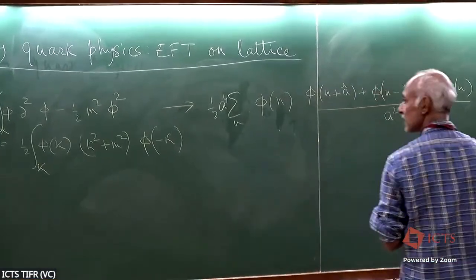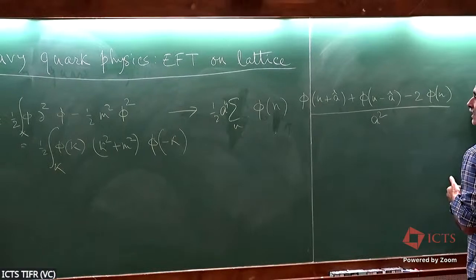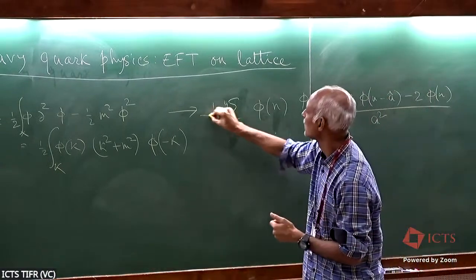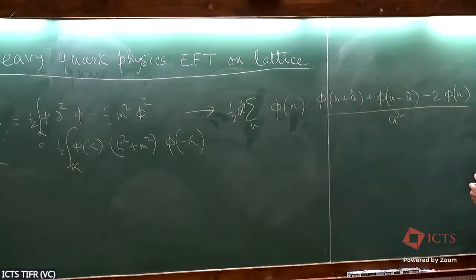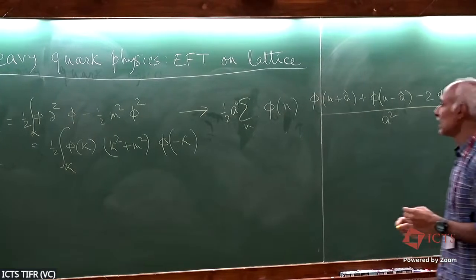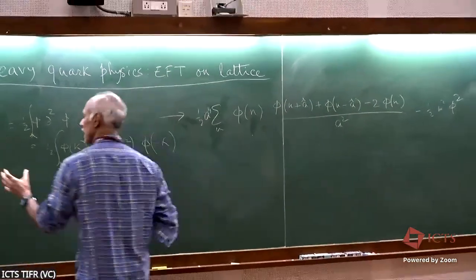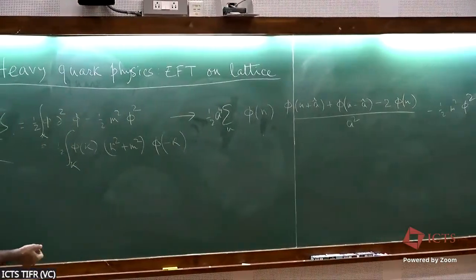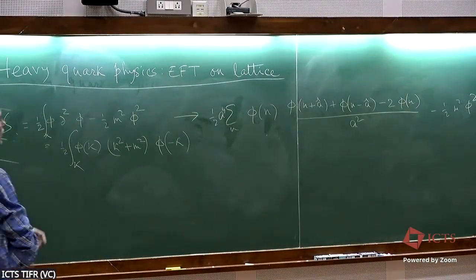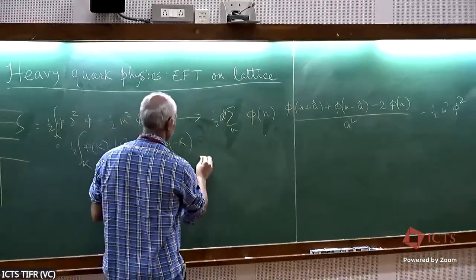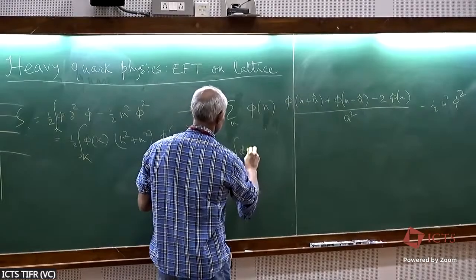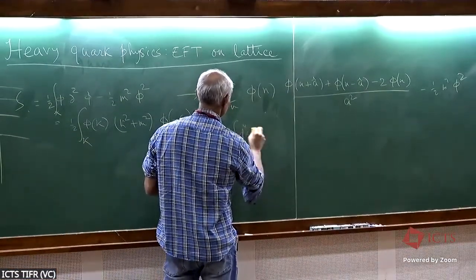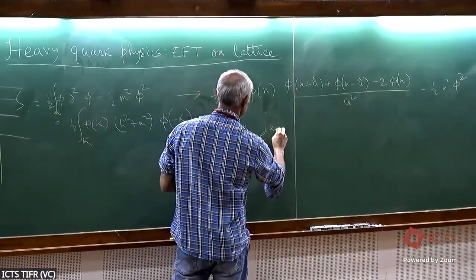Square, and then there will be, sorry. Right, and now if you do Fourier transform, so replace pi n by integral k to I k dot n.